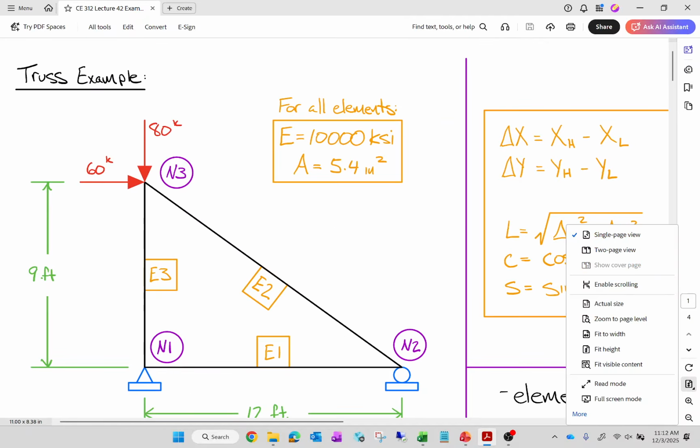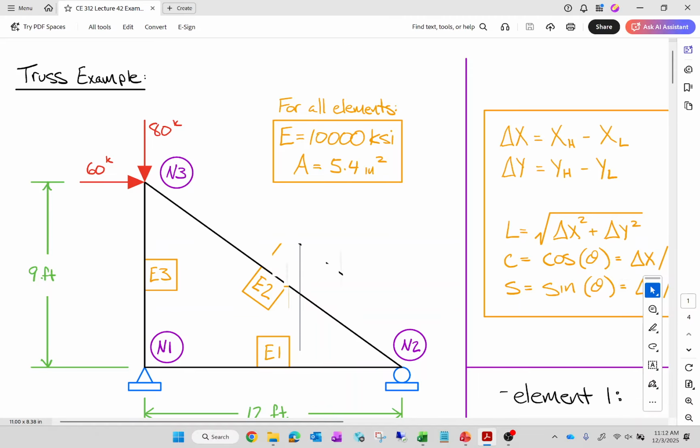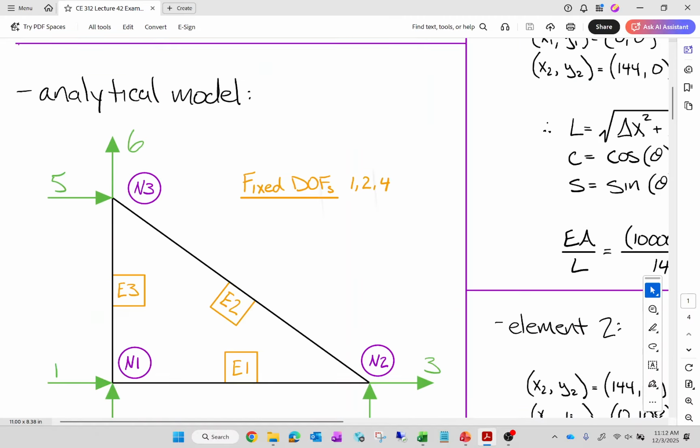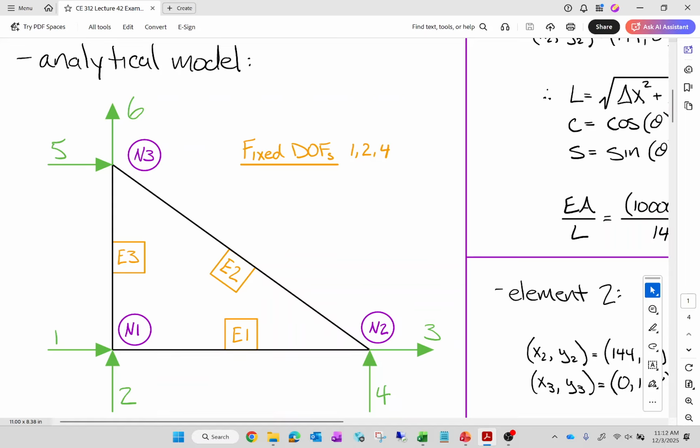Let me turn my little scroll on here. The next thing I did right here is I wrote my analytical model. This is the same thing I've got right here. To illustrate on this image, this degree of freedom, this degree of freedom, and this degree of freedom are the ones that are restrained.